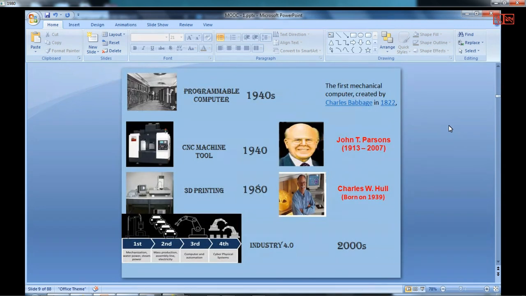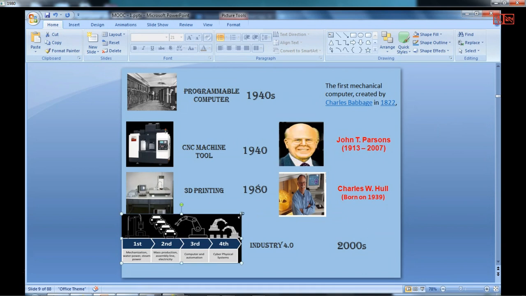And we talked about the computer, which revolutionized the whole way manufacturing is done. If computers were not there, we could not have CNC machines, robots, or automation. Thus the computers have contributed a lot to manufacturing.